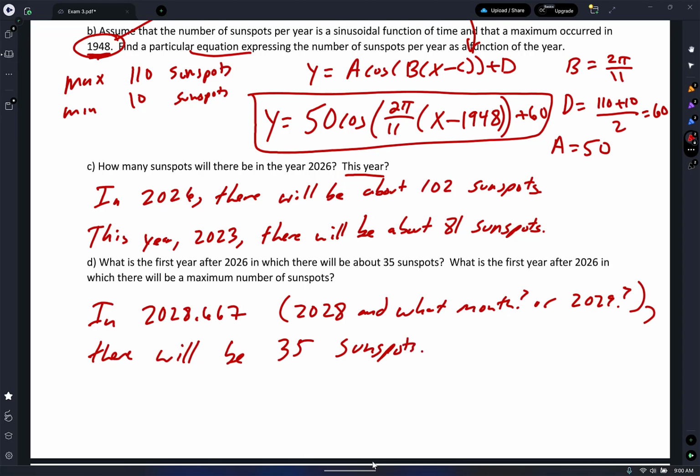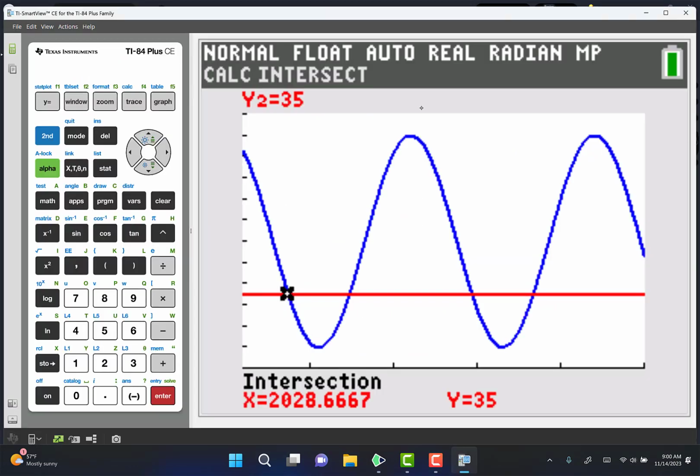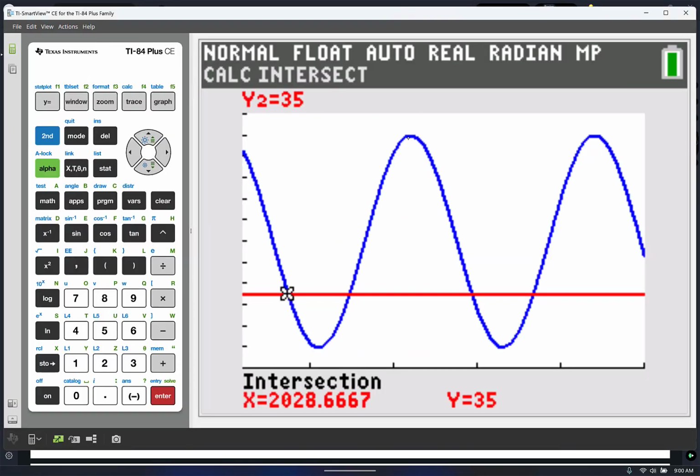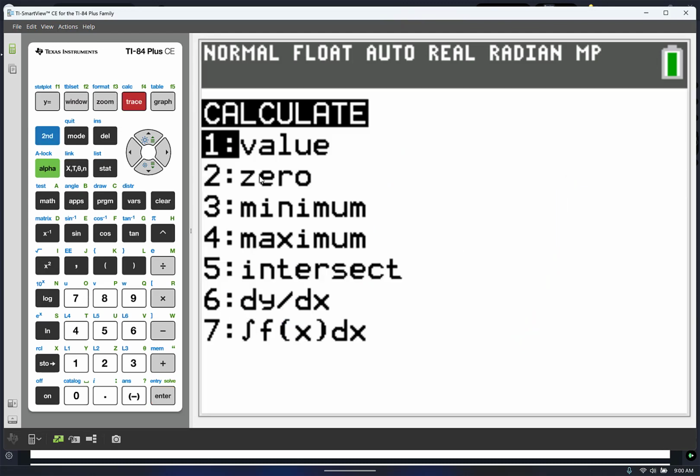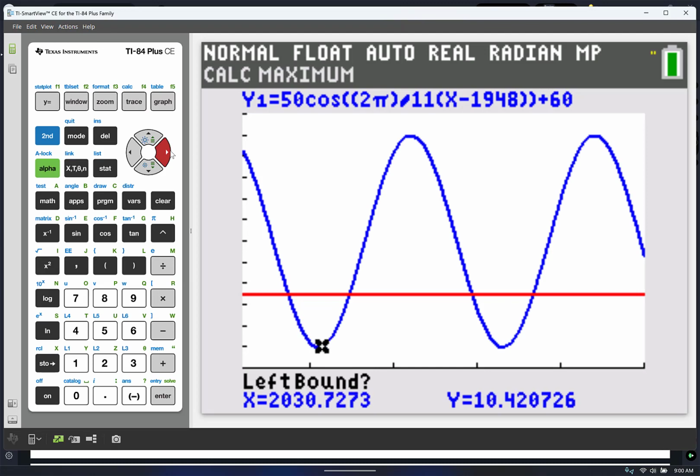And what is the first year after 2026 in which there will be a maximum number of sunspots? Okay, so maximum number, I'm looking for this guy way up there. Do you guys see that? So I tell the calculator, second, calculate, and I'm going to say the word maximum, number 4. And it tells me, where do I look? Left bound. So I'm just going to go right here. I push enter. Right bound. Look between what and what. So I'm going to go to the right and go a little more.